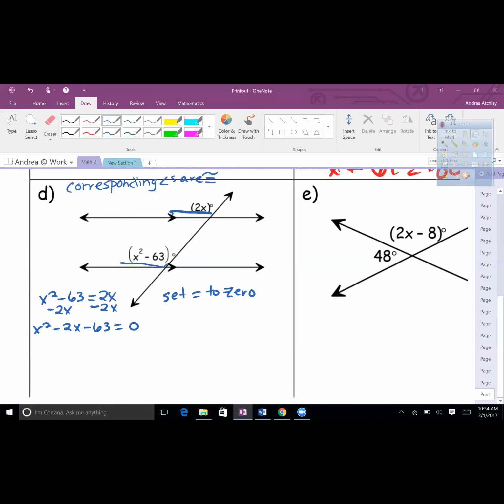Then we're going to try and factor this. So I'm going to use my box. So this is x squared. This is negative 2x. This is negative 63.